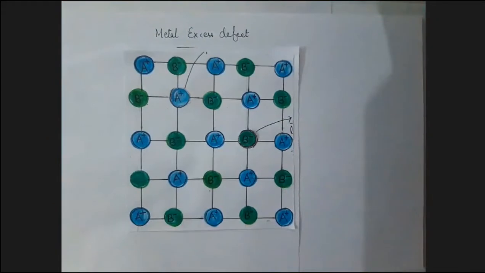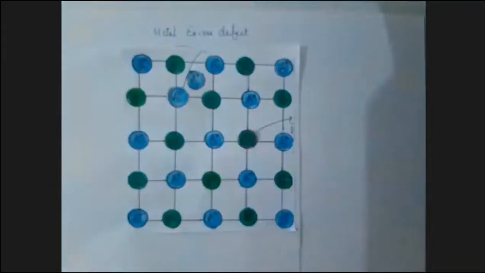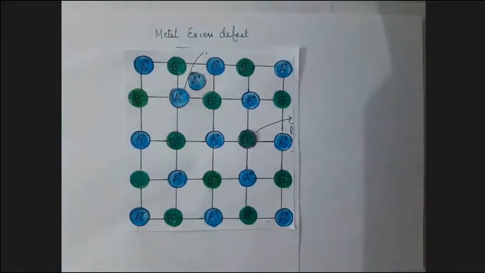In this type of defect, metal excess is caused by an extra cation occupying an interstitial site. इसके अंदर जो भी metal excess होगा वो extra cation करेगा. This is an extra cation. एक इंटरस्टिशियल साइट पे आ गया.